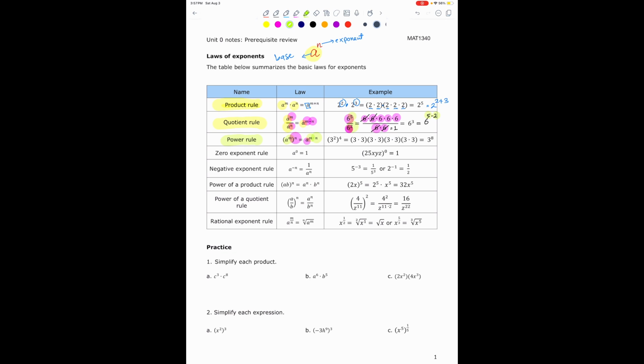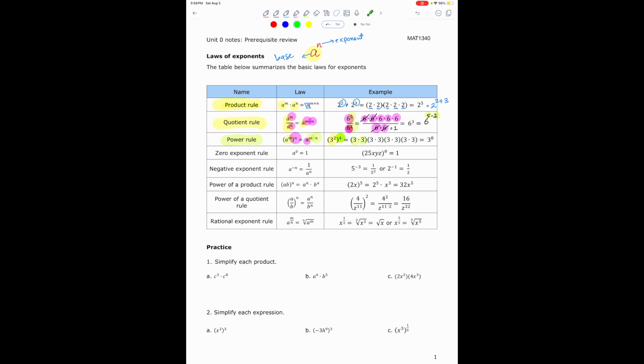Here is an example. If you have 3 to the second power raised to the fourth power, this basically means 3 to the second power is 3 times 3. And then if we repeat that 4 times, that means we have 1, 2, 3, 4 of that expression.